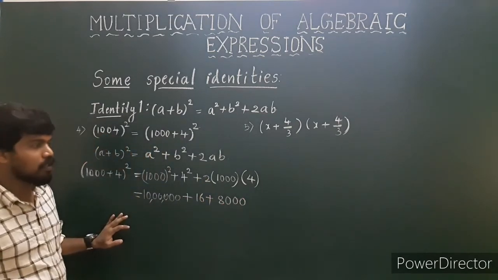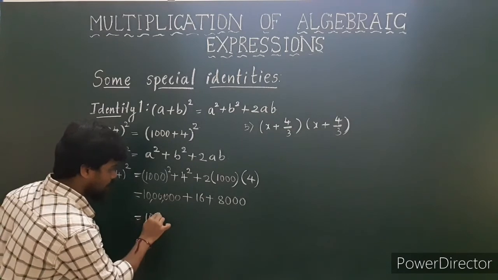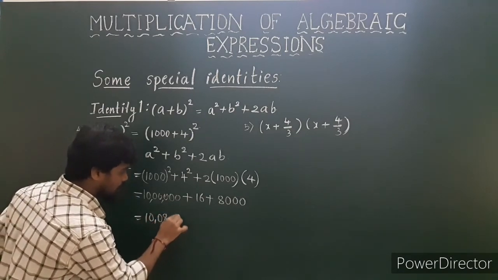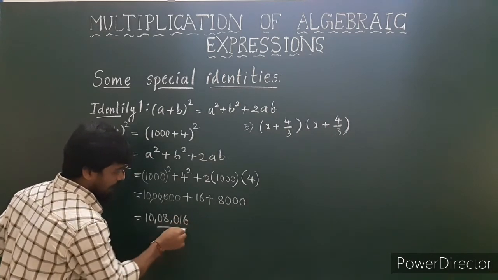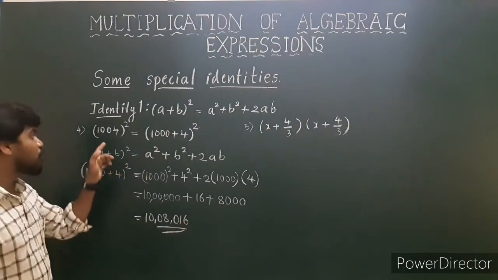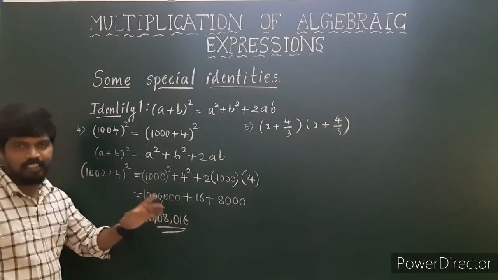Now we add, you get 10 lakh 8000 16. So the square of 1004 is 10 lakh 8016.